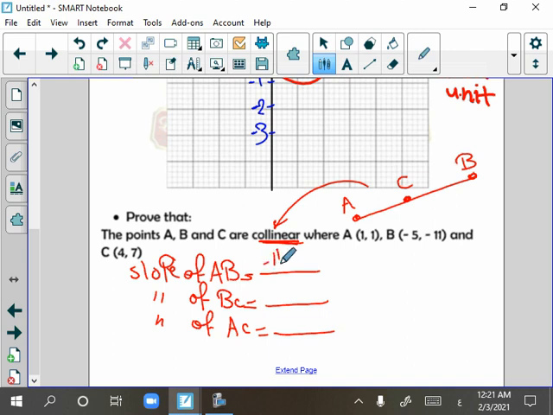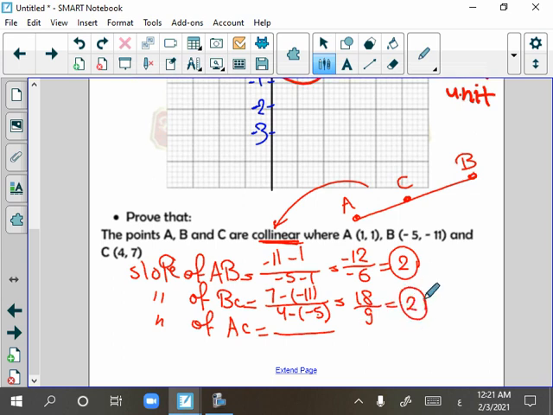We write negative 11 minus 1 divided by negative 5 minus 1, which equals negative 12 divided by negative 6, which equals 2. The slope of BC equals 7 minus negative 11 divided by 4 minus negative 5, which equals 18 divided by 9, which equals 2. The slope of AC is 7 minus 1 divided by 4 minus 1, which equals 6 over 3, which equals 2.